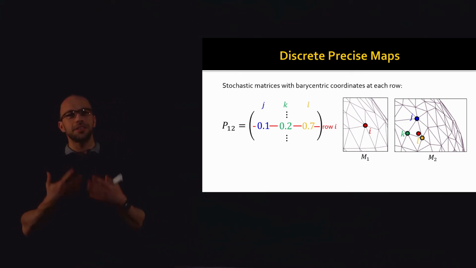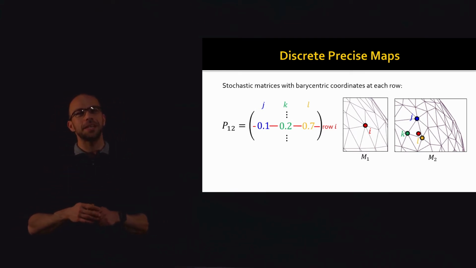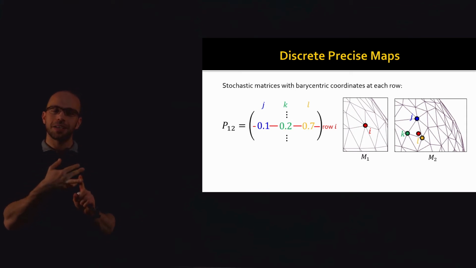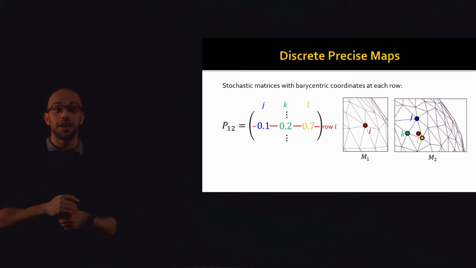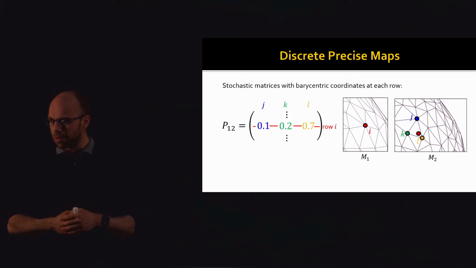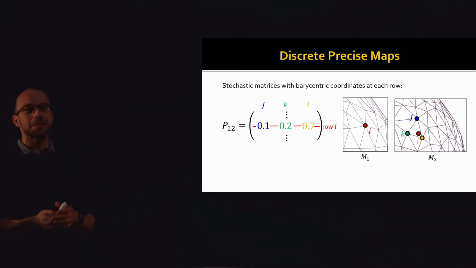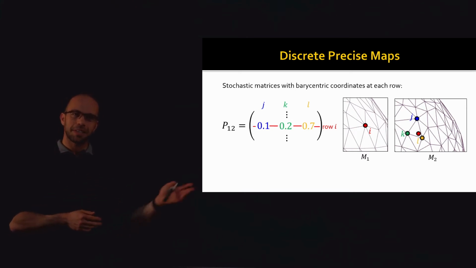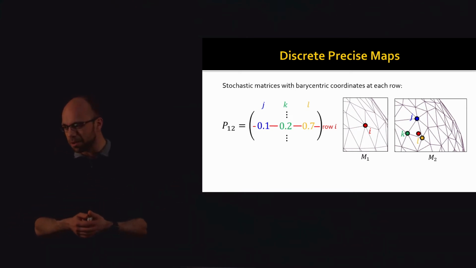And so this is going to be our space of maps, a space of matrices that are non-negative, whose rows sum to 1, and where every row has at most 3 non-zeros, and those 3 non-zeros correspond to a triangle on M2. We'll call that the set of precise maps. And that sounds complicated, but really it's just keeping track of points inside of triangles on our target model.